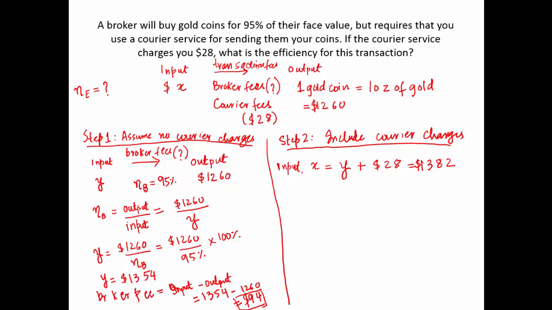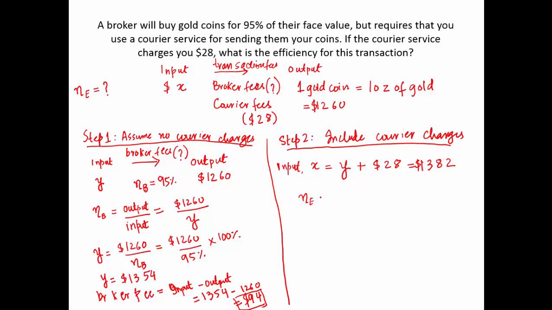So that's our overall input, making no assumptions regarding the courier fees. So now we know our overall input, we know our output, and we can determine our overall efficiency.